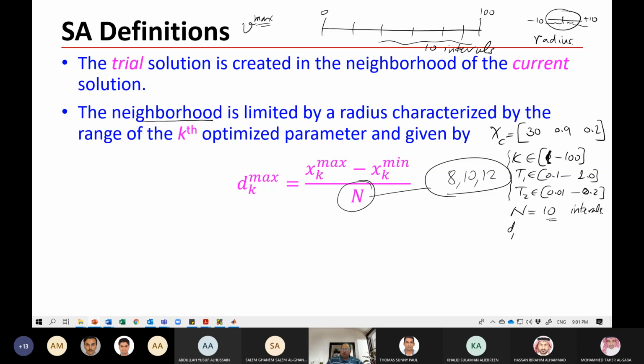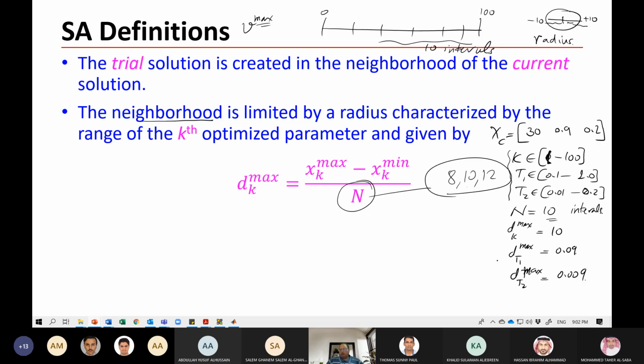So D max in the dimension of K equals 100 over 10, so 10. In the dimension of T1 it will be 0.09, and D max for T2 will be 0.009.